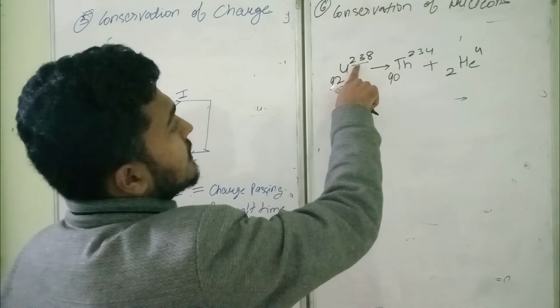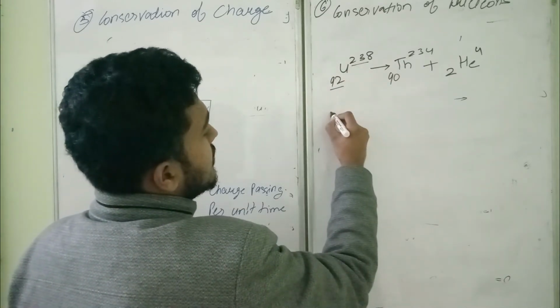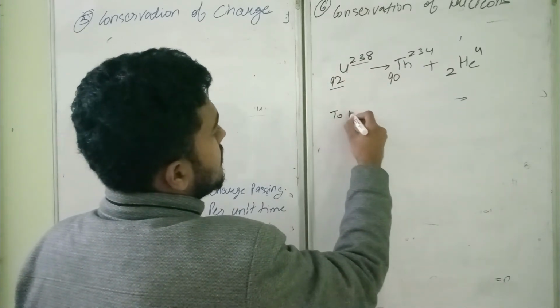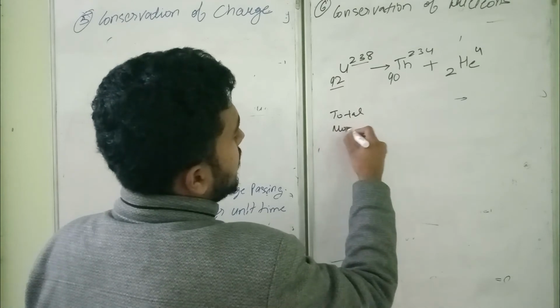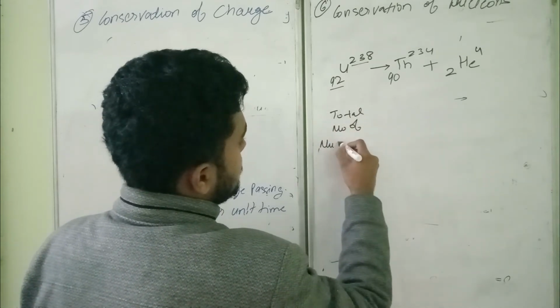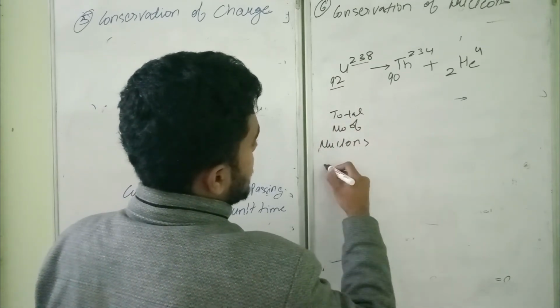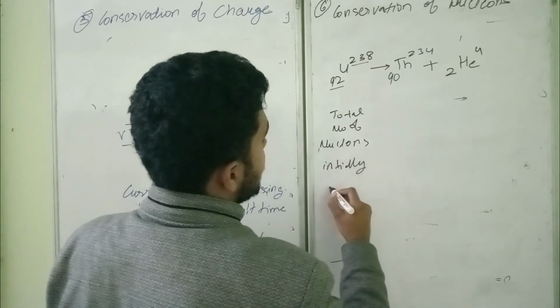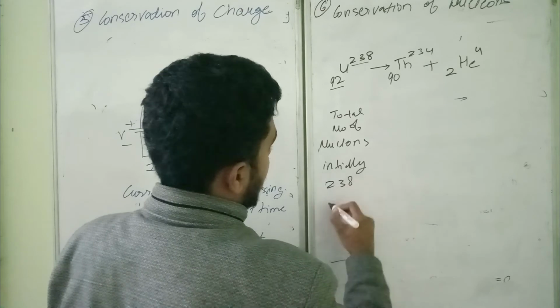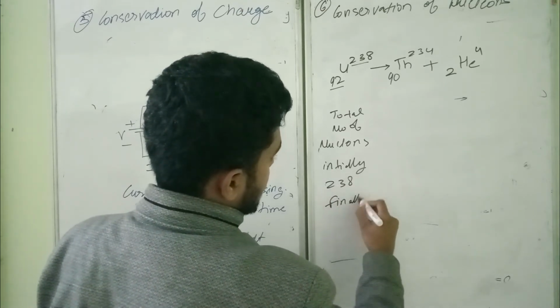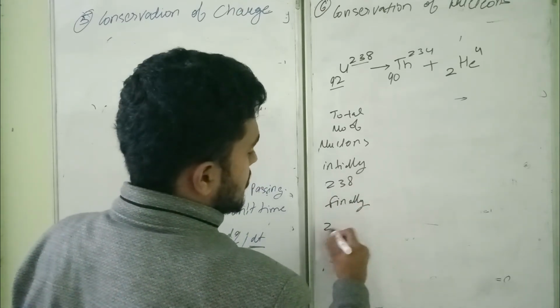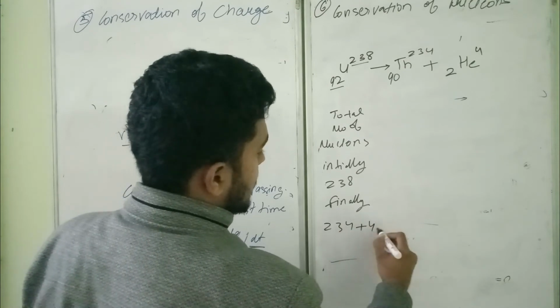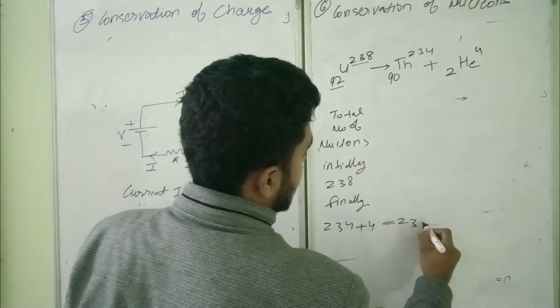So if we see here the total number of nucleons, initially it is equal to 238, and finally it is equal to 234 plus 4, which is equal to 238.